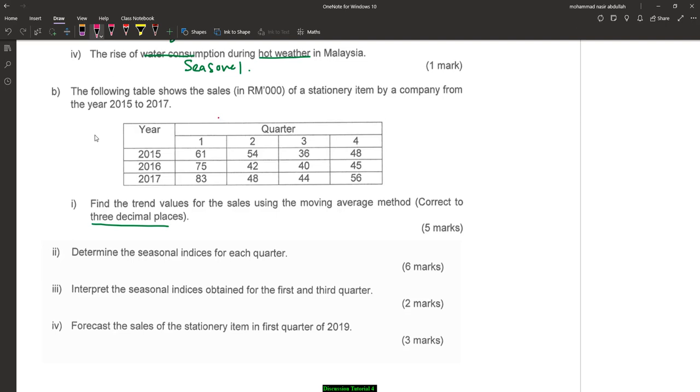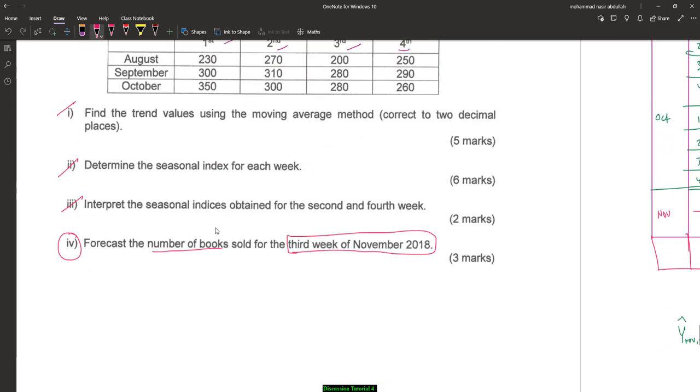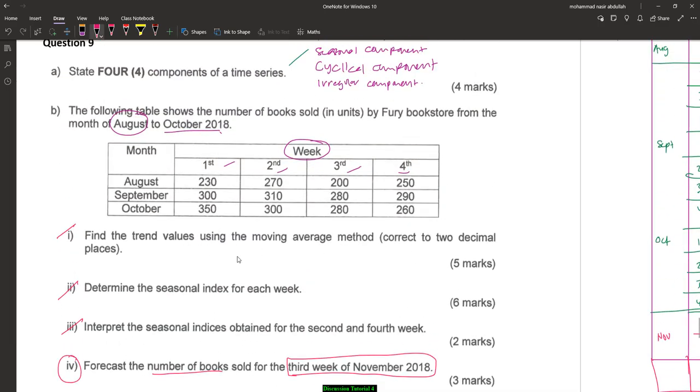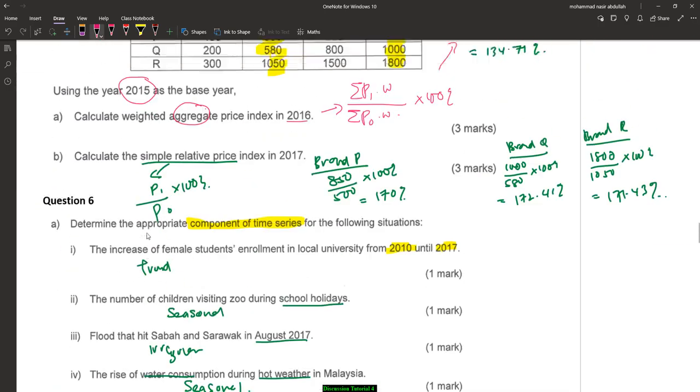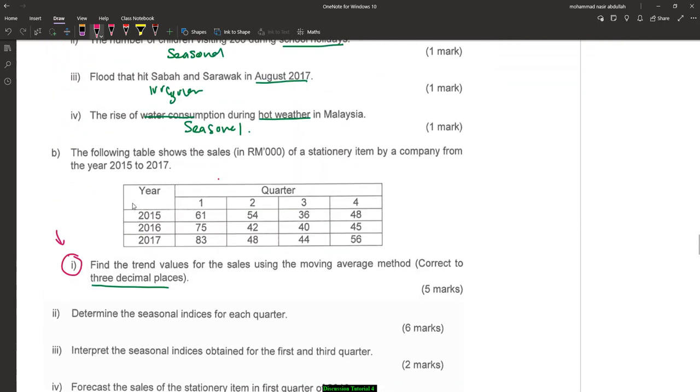If you have 3, and then we will use 3 moving average, unless dia dalam soalan ni dia bagi tahu okay, guna 3 moving average ataupun guna 4 moving average. Kalau kita tengok soalan-soalan trend yang dia bagi, so dia tak bagi tahu pun mengguna moving average berapa. So we need to identify how many moving average that we want to employ. So kita tengok soalan betul-betul.